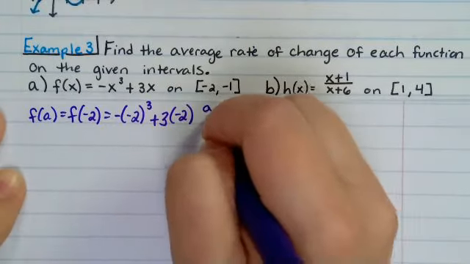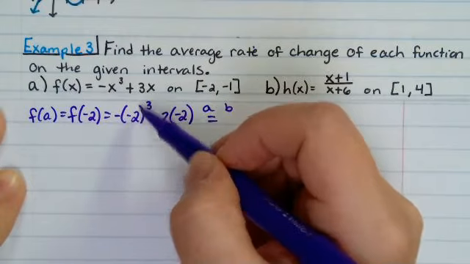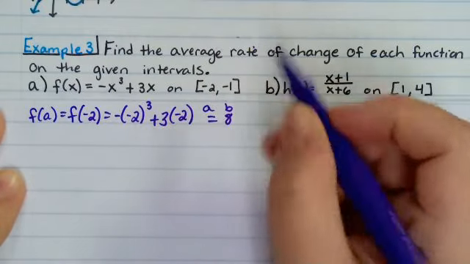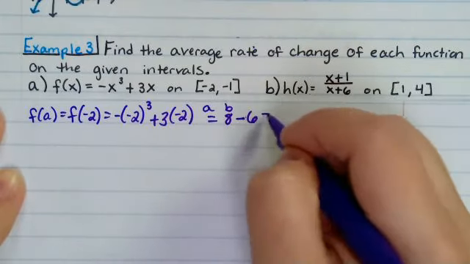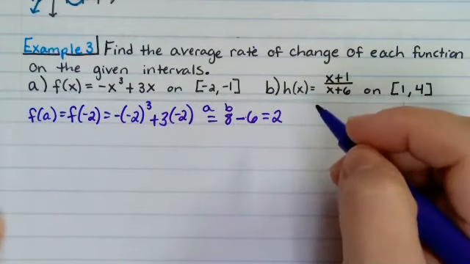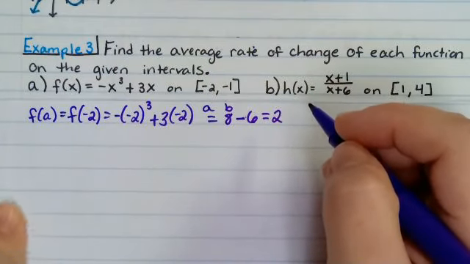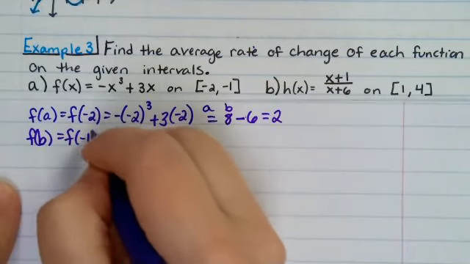So really, -2 cubed is a -8, but multiply that by a negative is a +8. 3 times -2 is -6. So really, I got 8 minus 6, which is 2 for this value right there. That is my f of A. My f of B would be plugging in my B value, which is a -1.